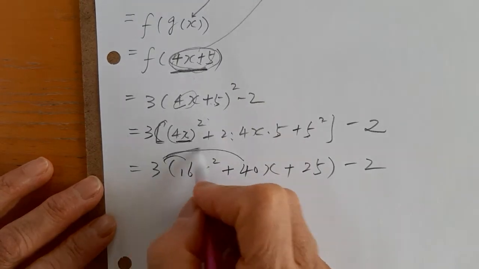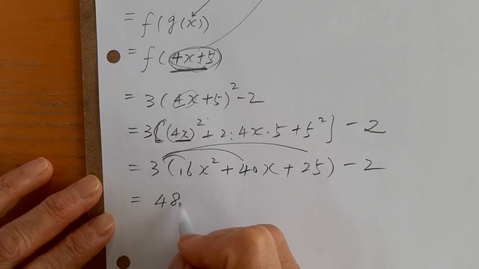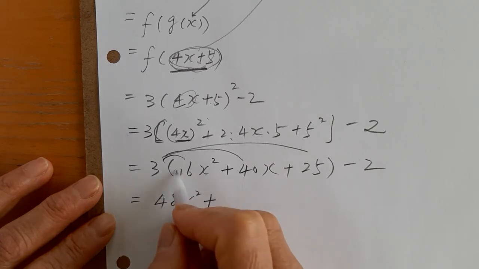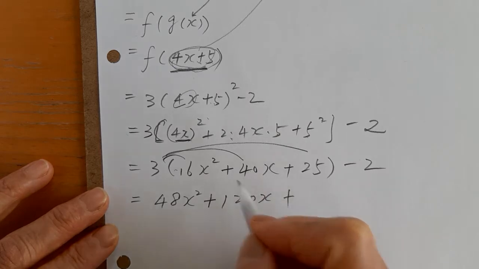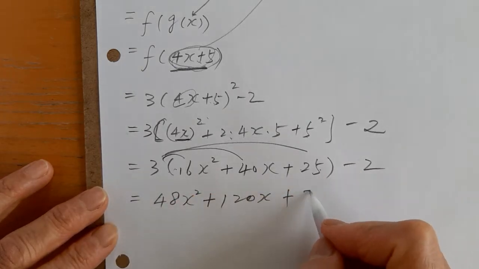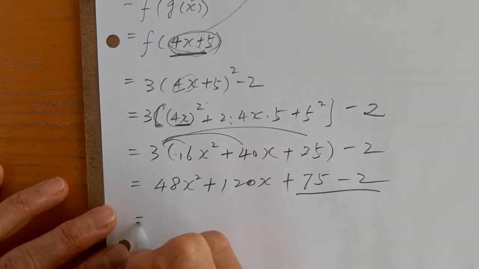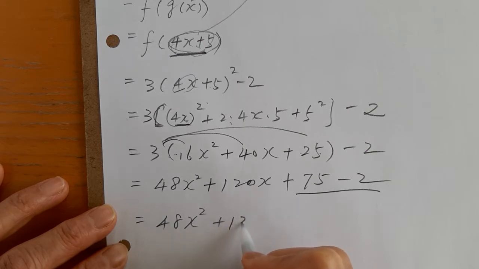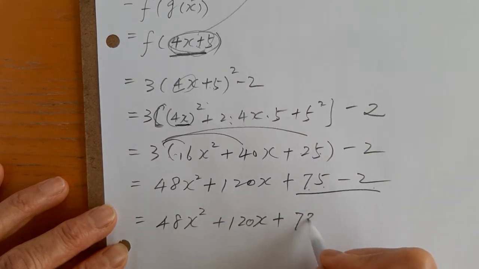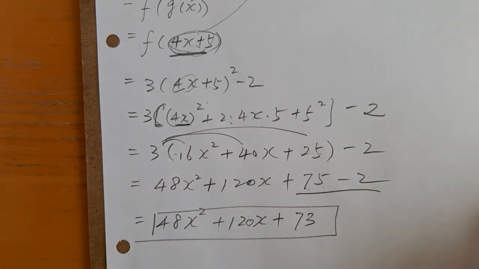Then distribute in, remove the parentheses: 3 times 16 is 48x squared, plus 3 times 40x is 120x, plus 3 times 25 is 75, then minus 2. Then simplify, combine constant terms: 75 minus 2 is 73. So after simplifying, 48x squared plus 120x plus 73 is the answer.